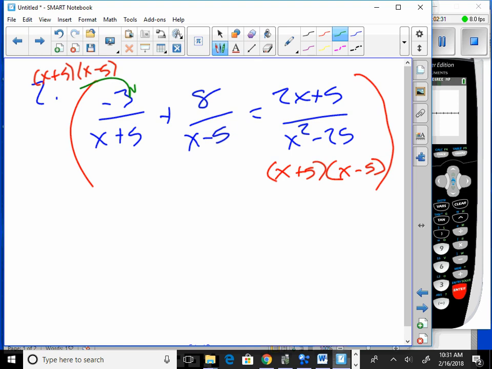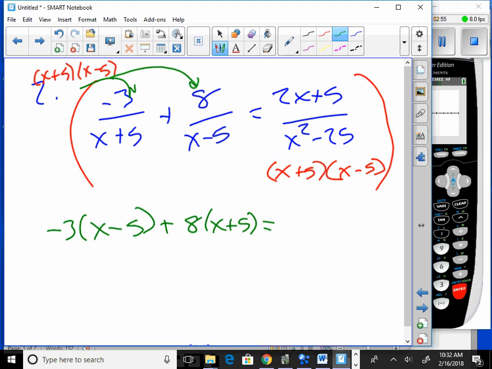So then what I'm left with is my red x minus 5 that gets times to the negative 3. So I'll get negative 3 times x minus 5. Now when I distribute over to the next fraction, my red x minus 5 will cancel out the blue x minus 5. So then I have the x plus 5 to still multiply to the 8.